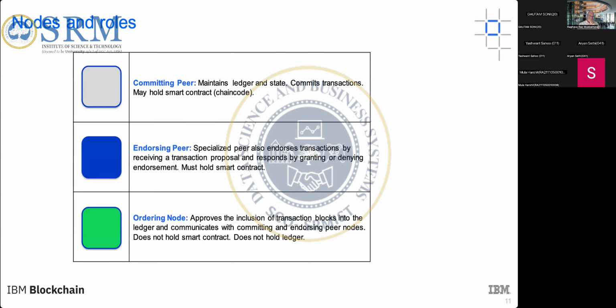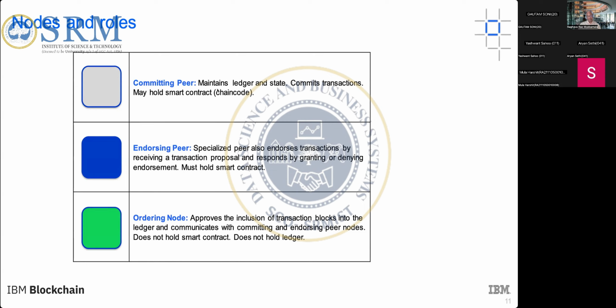Okay, so let's go into the detailed flow of how transactions are accepted and put into the blockchain. As I mentioned before, we have three types of nodes. The committing peers are the peers who maintain the ledger and state. They commit the transactions and they may hold smart contracts.